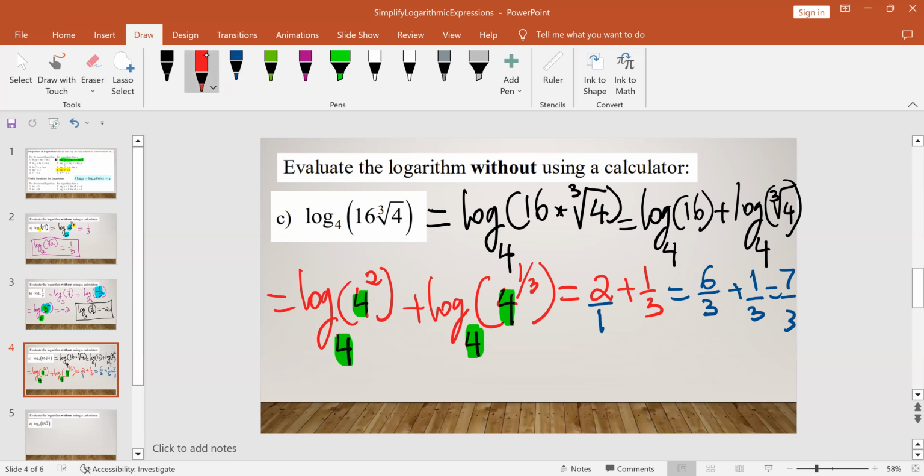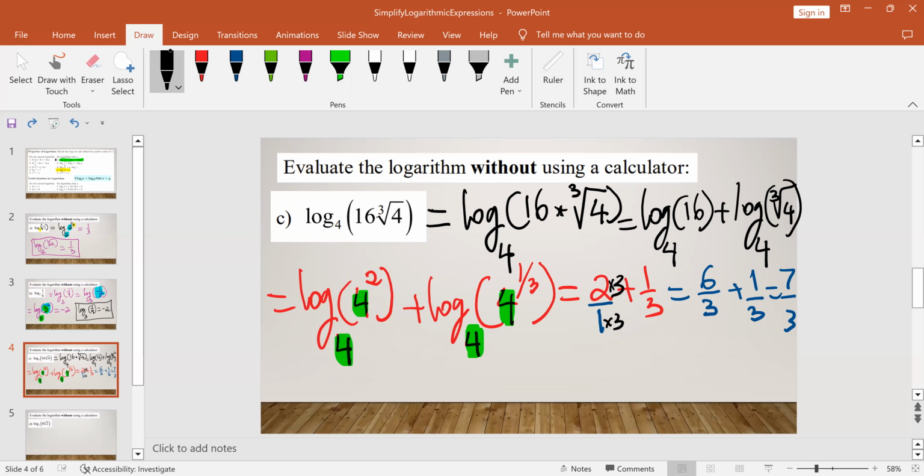Why? Because when you have 2 over 1 plus 1 over 3, we want to add the two fractions. We need the same denominator, the common denominator, which has to be 3. So the LCD is 3. Therefore, we multiply this by 3, this by 3. And yes, that makes sense because 6 divided by 3 is 2. So 6 over 3 plus 1 over 3 is equal to 7 over 3.